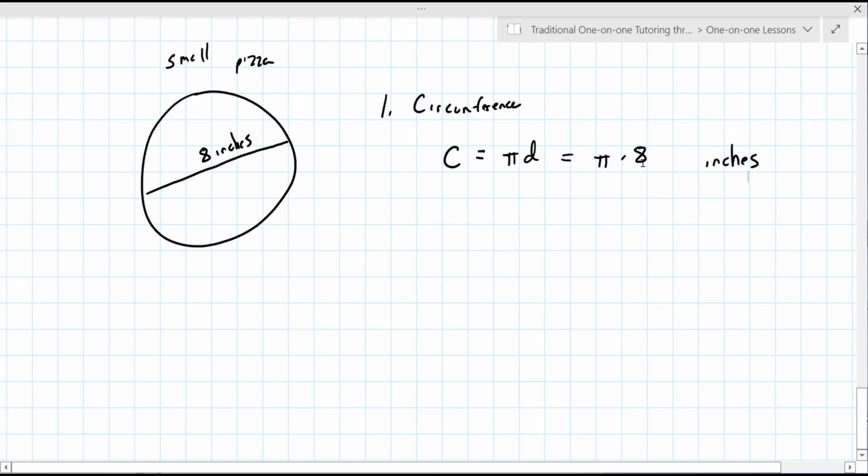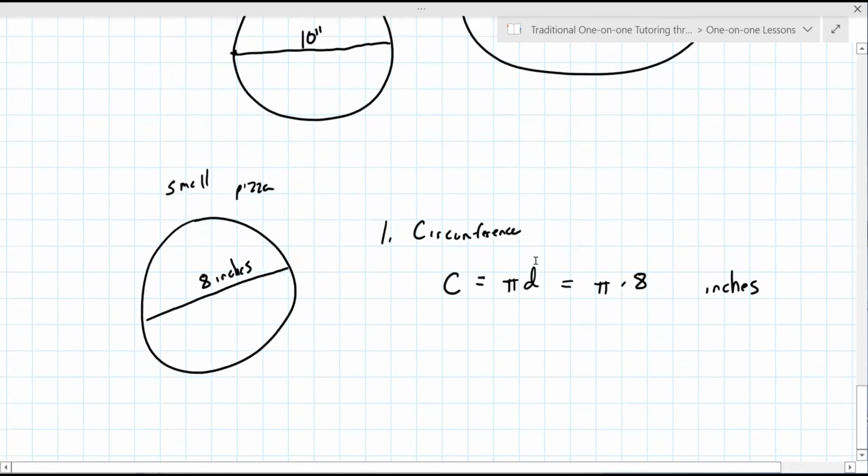But is this correct? Should you write the number after the pi or before it? Let's go back and look at a previous problem.